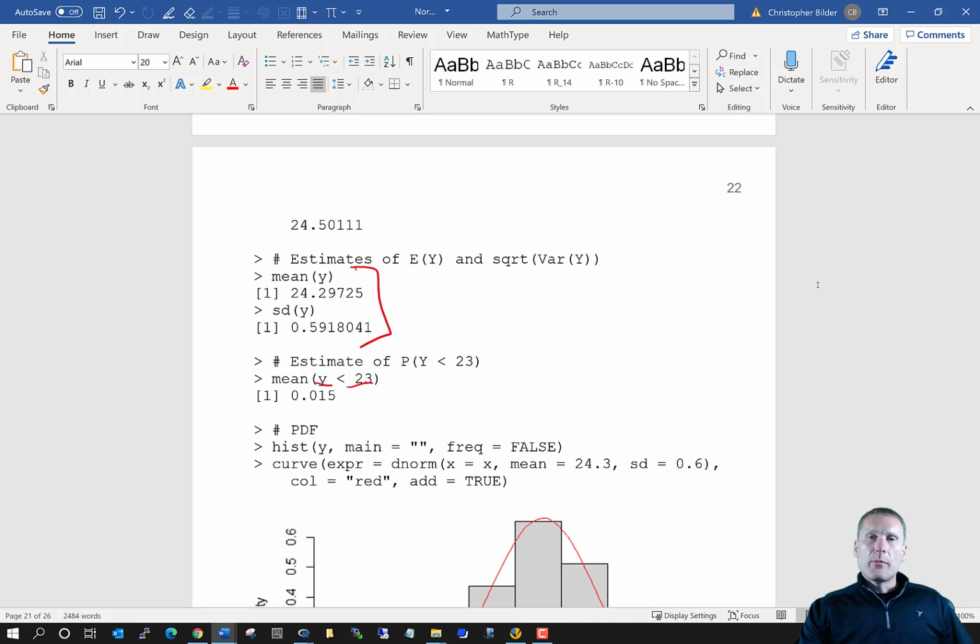Then when I try to do math with these trues and falses, like sum or find the average value, it turns these trues and falses into ones and zeros. And so if I take the mean here, then the proportion of these y's that are less than 23 is 0.015, which essentially matches what we had when we were doing the calculations with the normal distribution itself.